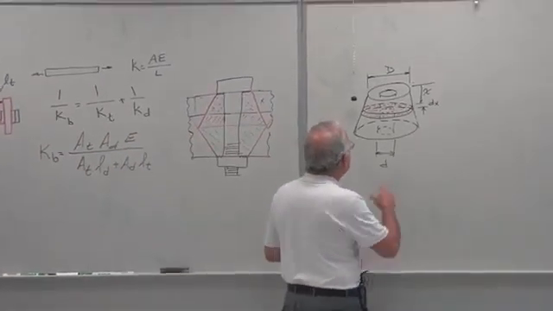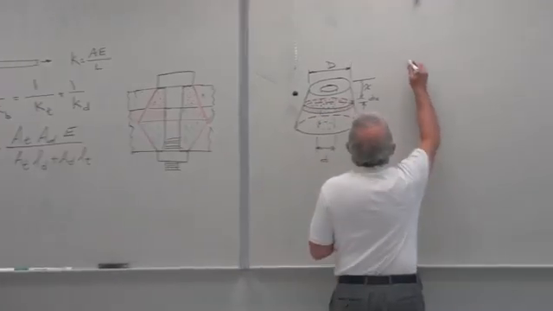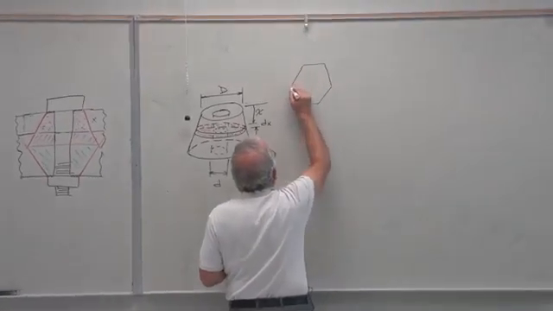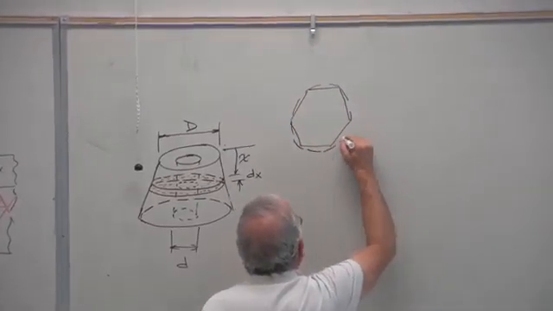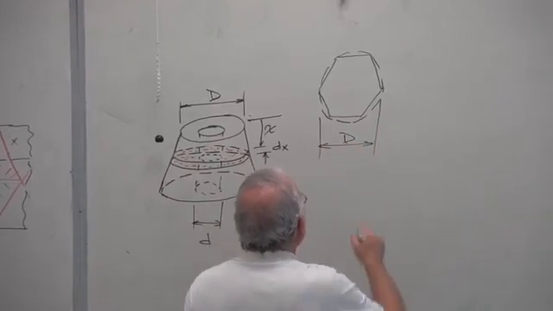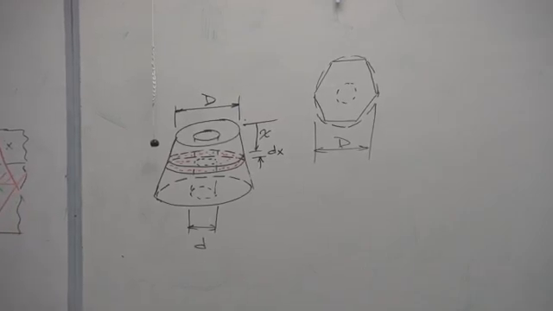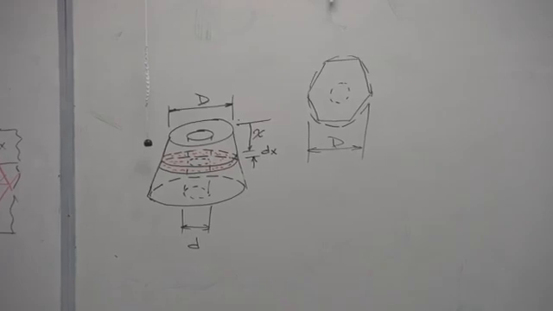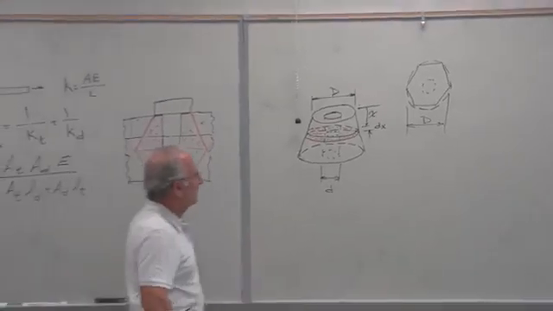So this D, for example, for a bolt like that, is that. We're looking at the top of the bolt. That's the bolt head, and that's the diameter we're talking about. It's about 1.5 times the bolt diameter. And eventually we'll use that in one of the equations.